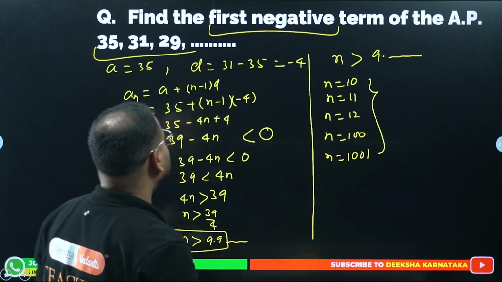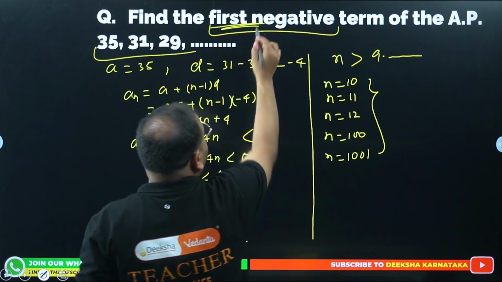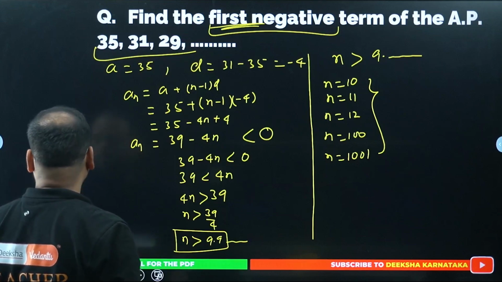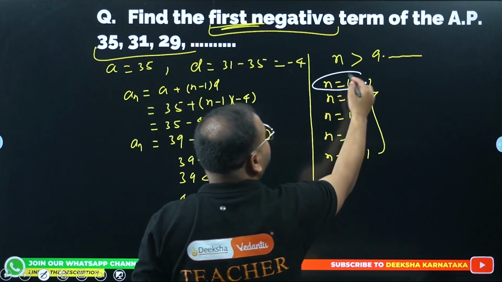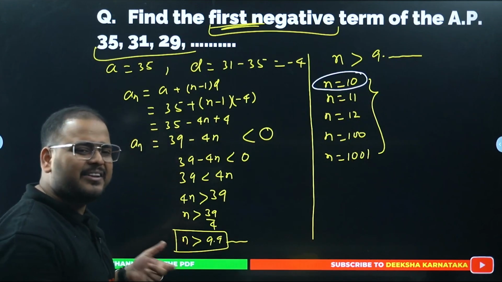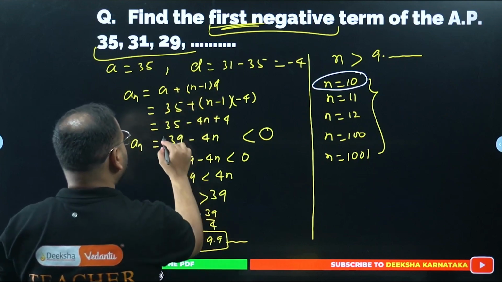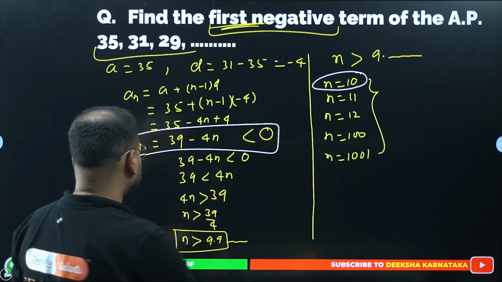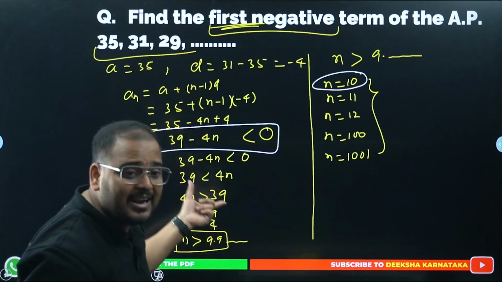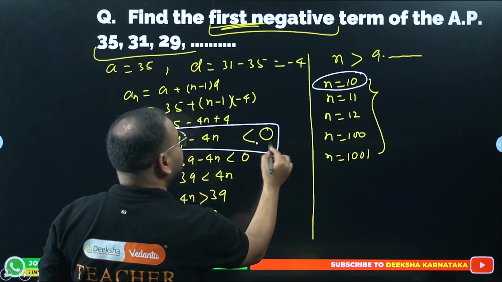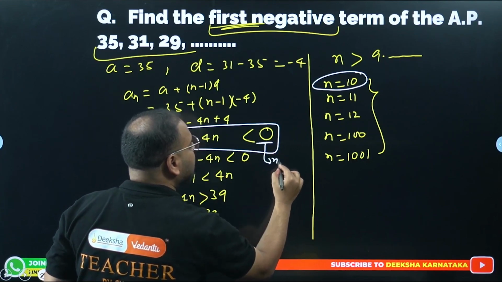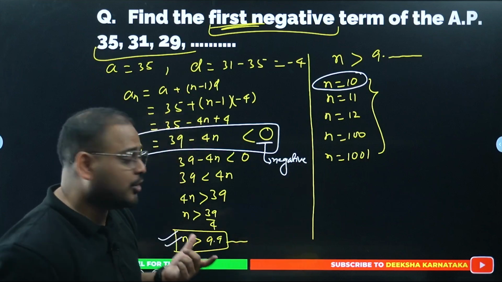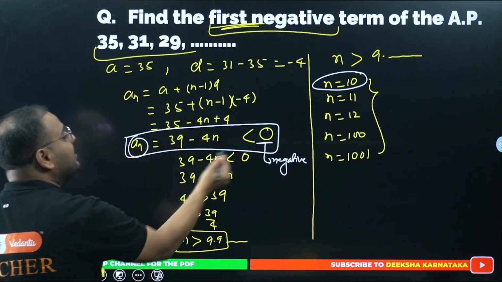No. What are they asking? The first negative term. It means they are talking about the first term. Which is the first term after 9.9? The 10th term. Why negative, sir? They are saying first negative. Because we took the nth term to be negative, less than 0.